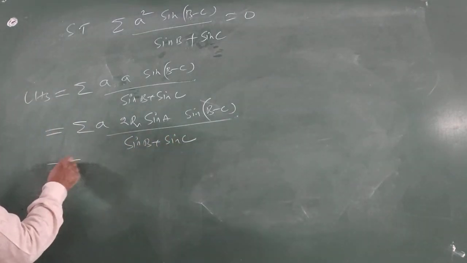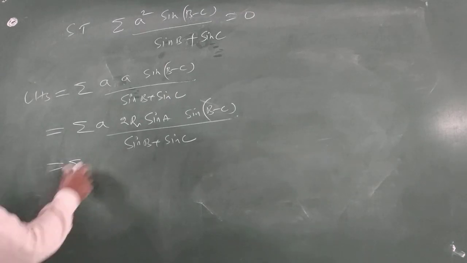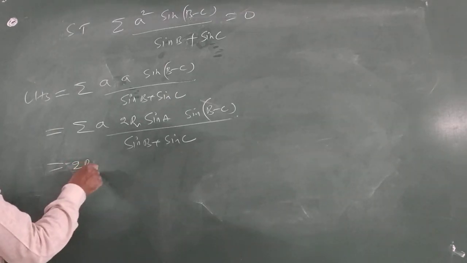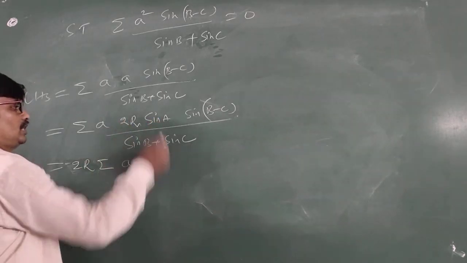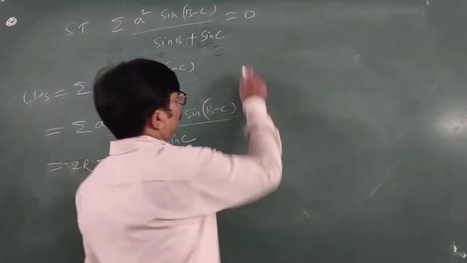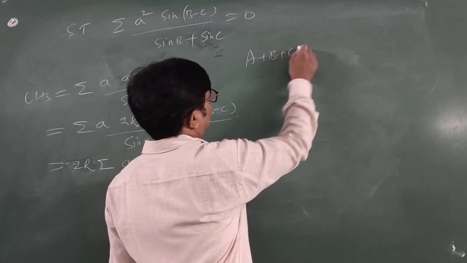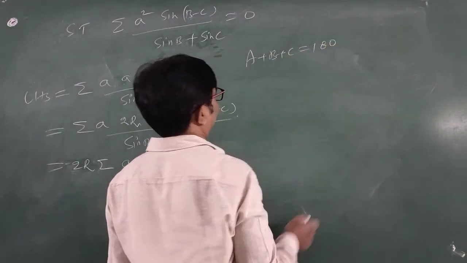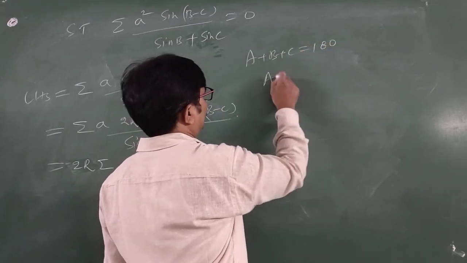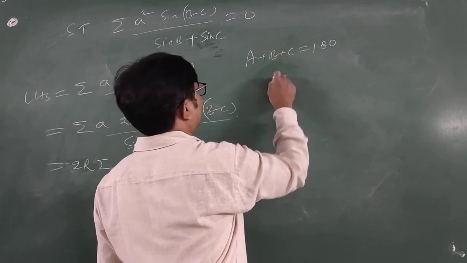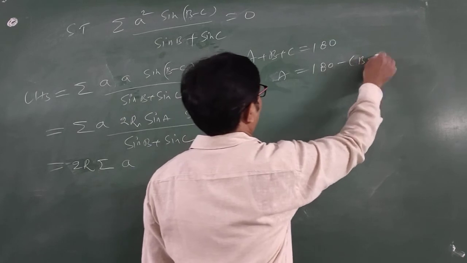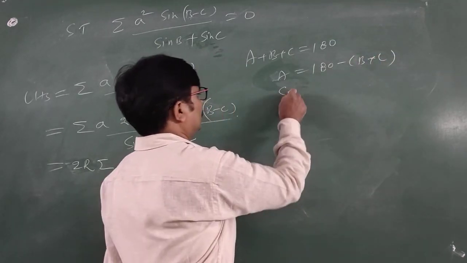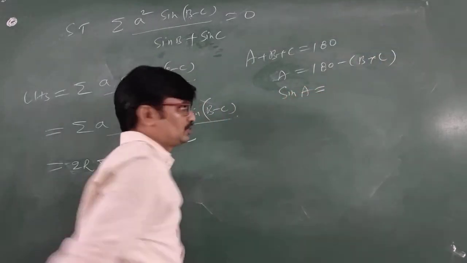Now, students, sigma we can write as 2R, a into sin A. We know that A plus B plus C is 180 degrees, so A can be written as 180 minus of B plus C. Now we can apply sin on both sides.